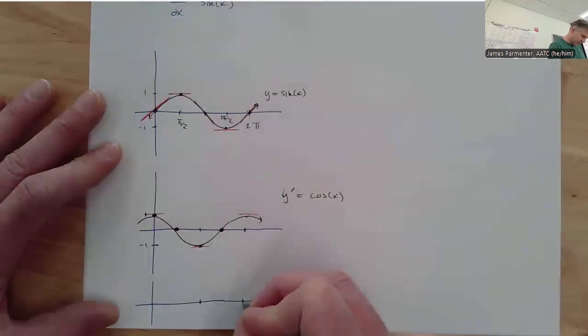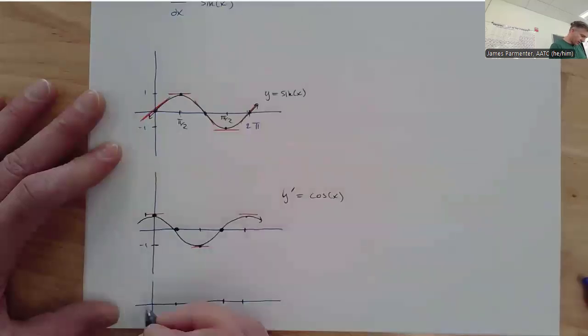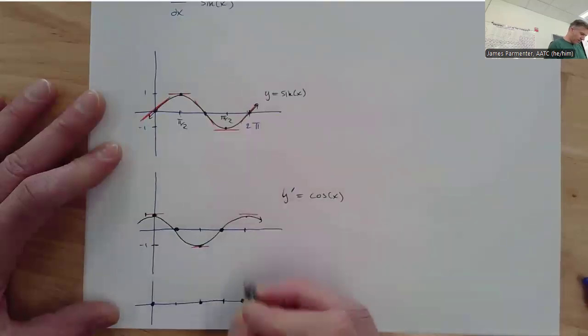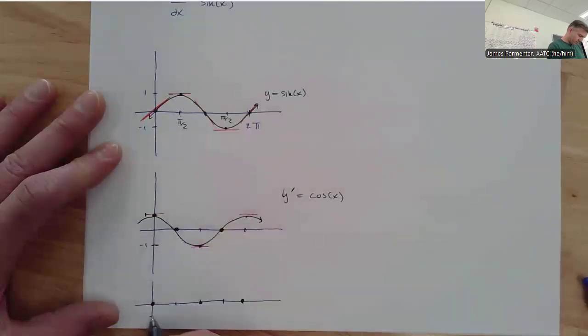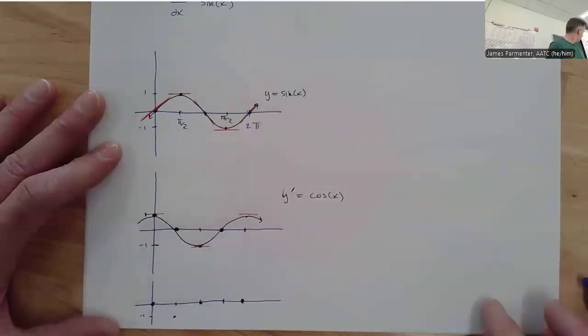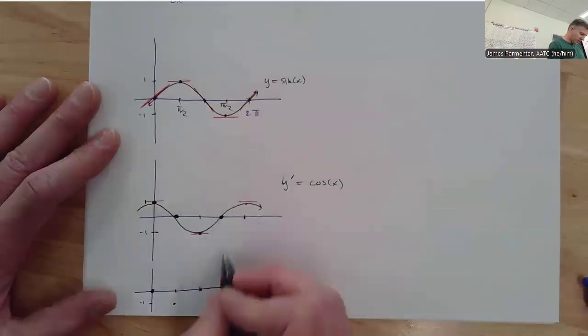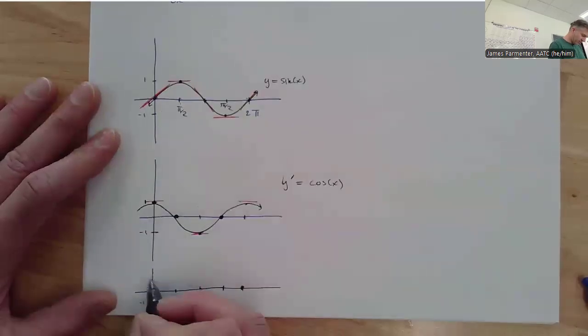So we've got a 0 here, and a 0 here, and a 0 here. And then at pi over 2, the slope of the tangent line appears to be negative 1. And at 3 pi over 2, the slope of the tangent line appears to be positive 1.